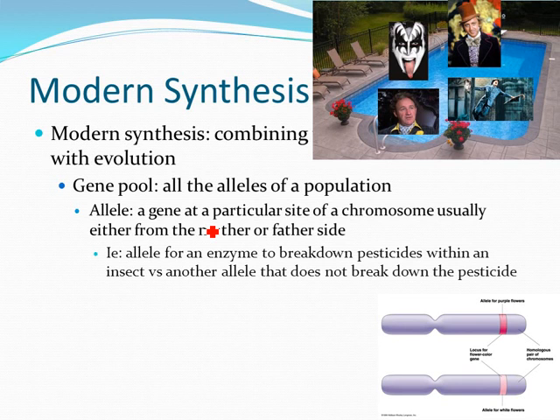So for example, like we just talked about, the enzyme that breaks down the pesticides, in those pesticide-resistant insects that we saw earlier, is located on a particular gene. That particular allele has the enzyme that breaks it down, while another one does not.